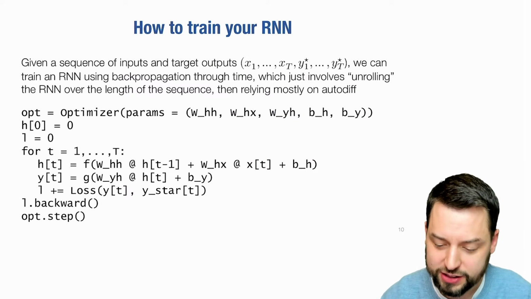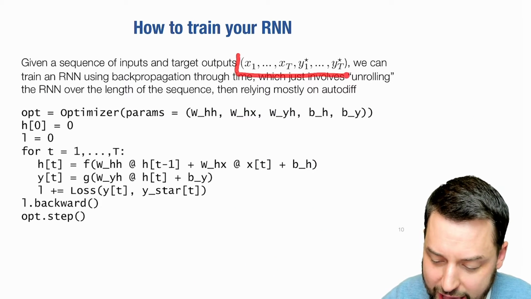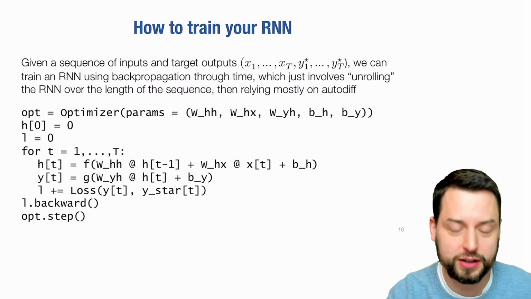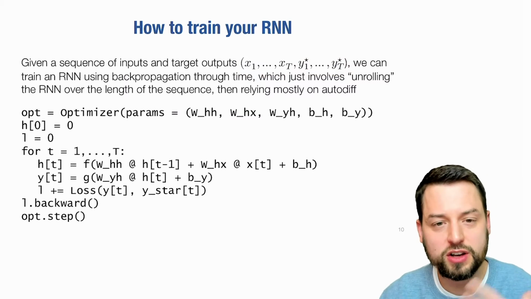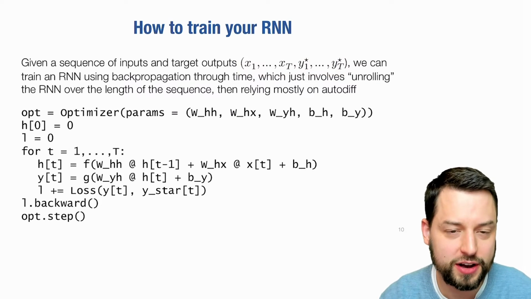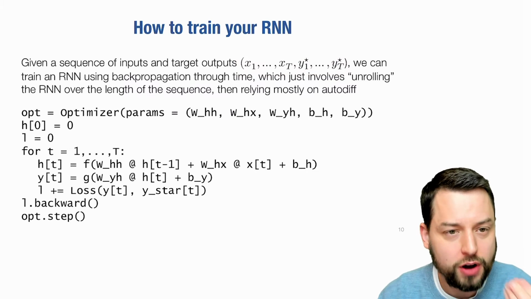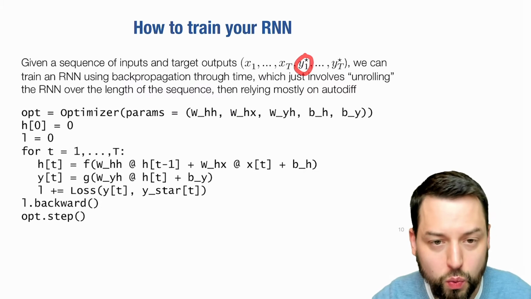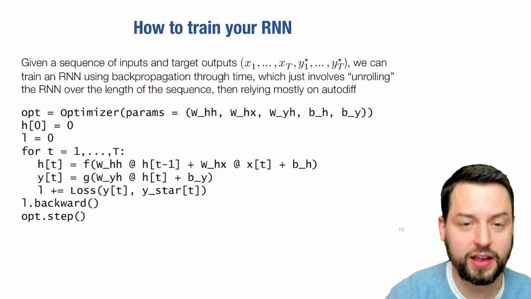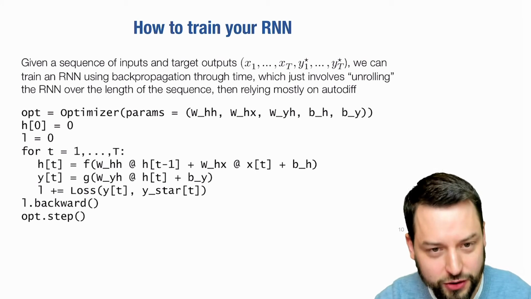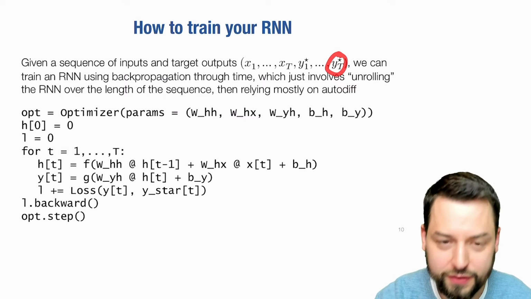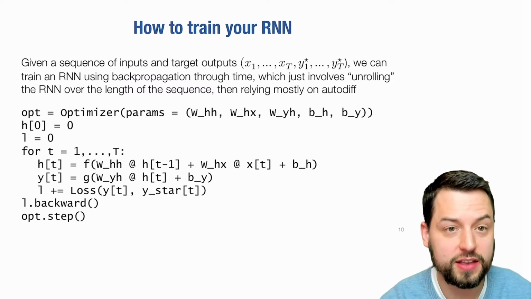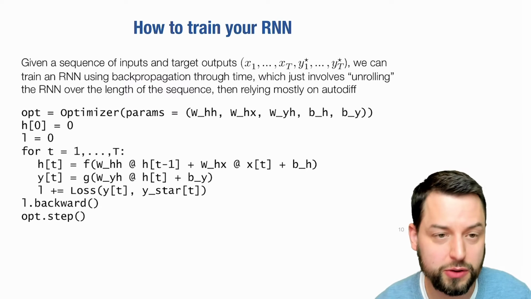So the way we're going to write that is that we have some set of input and output targets. I'm going to change the notation slightly from what you saw previously. Because it's common to refer to the y's as the outputs of the RNN, I'm going to refer to the targets of our prediction problem as y star. So y star 1 would be the thing that we want to predict at time 1, y star 2, etc., up to some time frame y star T. This is the target sequence we have.